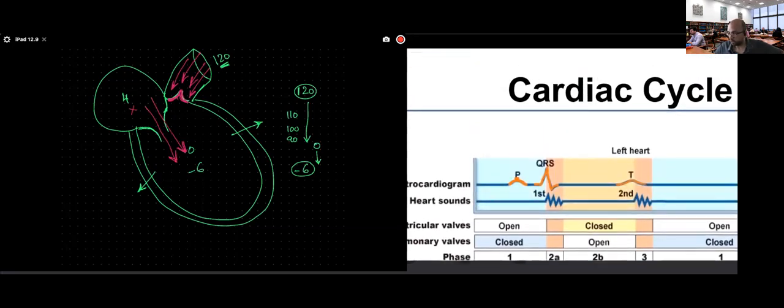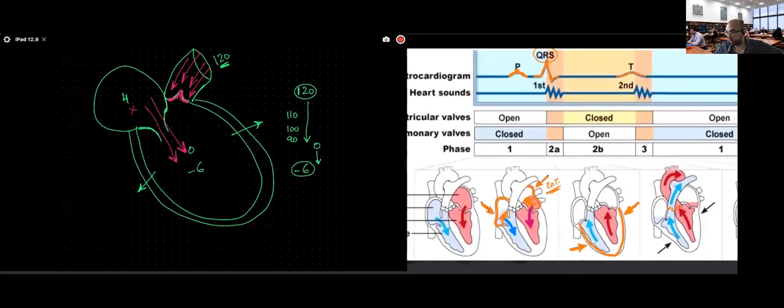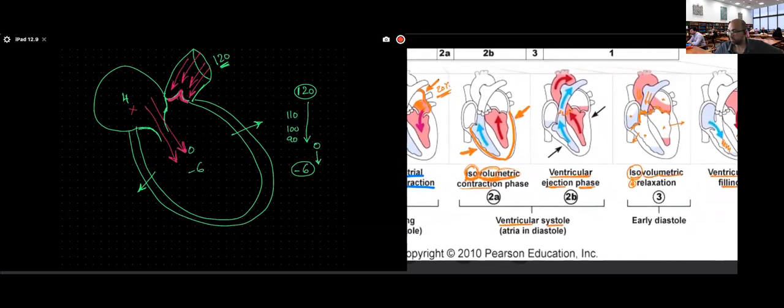What's next going to be recorded on the EKG is my QRS complex. And remember, QRS is marking the ventricular depolarization. When I depolarize the ventricles, remember, the ventricles will contract. And as I contract, I have an increase in the tension.